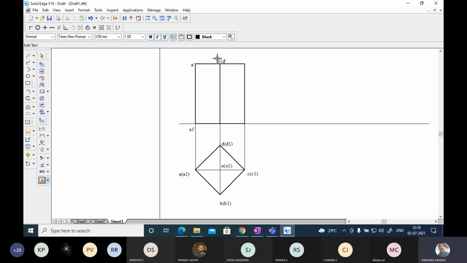And here also I am going to write B1 dash in bracket D1 dash. And this is C. This is C dash, and this will be C1 dash.